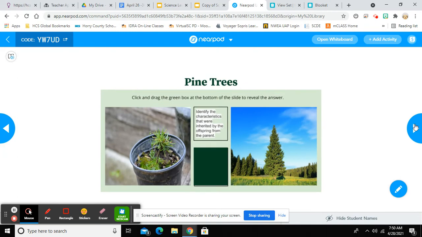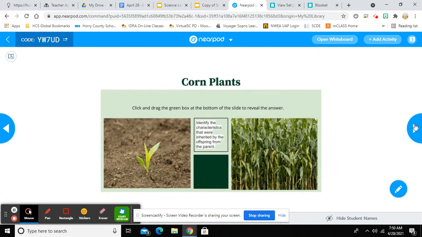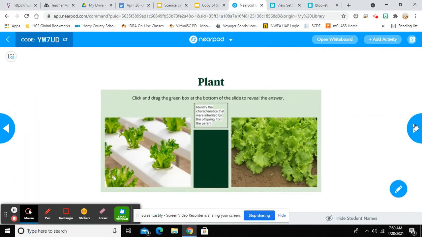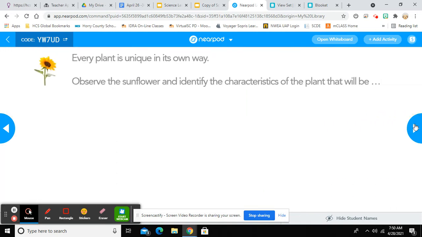So click and drag the green box at the bottom of the slide to reveal the answer. Corn plants. Click and drag the green box at the bottom of the slide to reveal the answer. So identify the characteristics that were inherited by the offspring from the parent. Click and drag the box to find the answer.